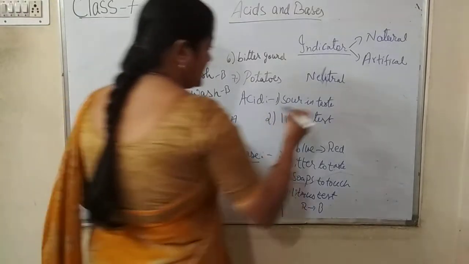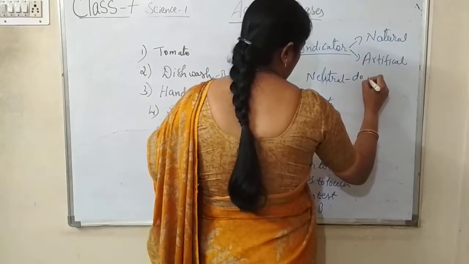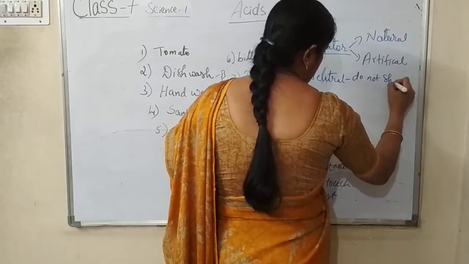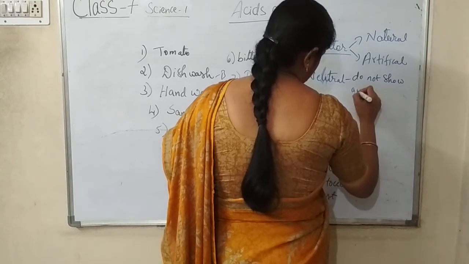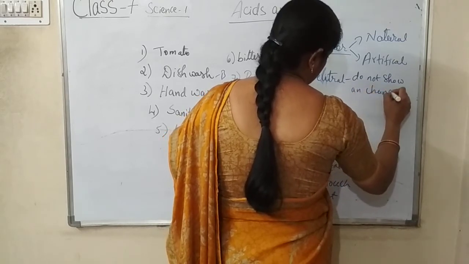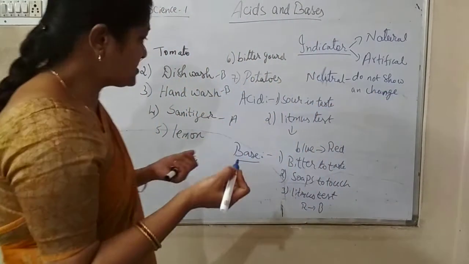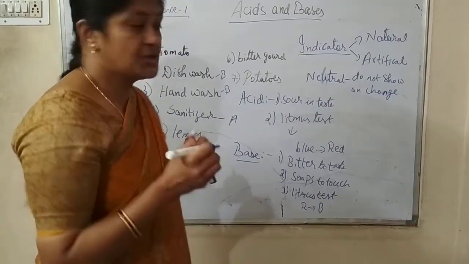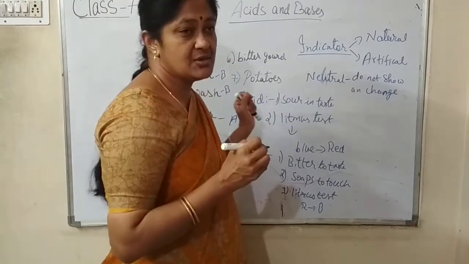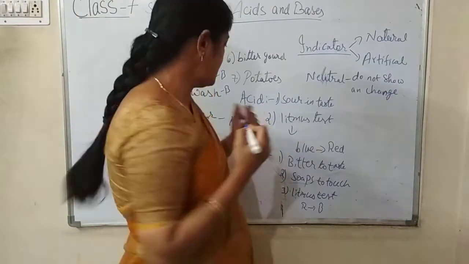They do not show any change in the color of the litmus. If it is red, it remains red. If it is blue, it remains blue. Such solutions or substances are called neutral substances.